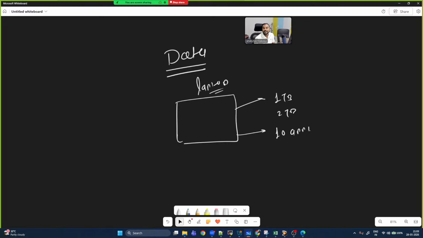My laptop is not enough to hold 10 terabytes of data. That is not at all possible. So when I have a huge amount of data which is not processed by my laptop, that data we call a big data.